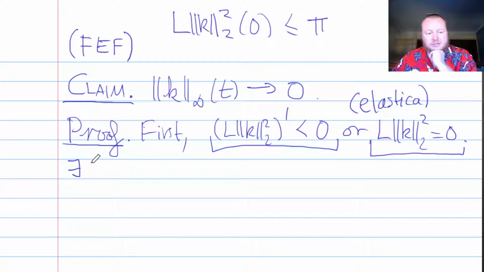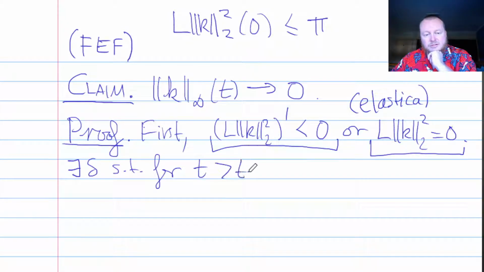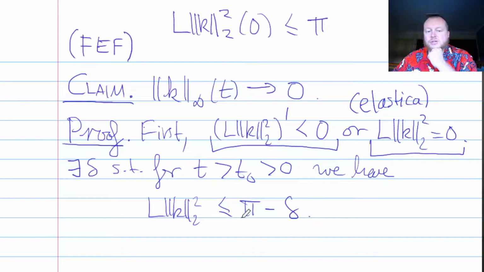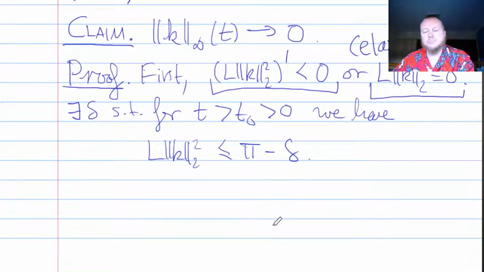It means that there is a delta such that for t bigger than t0, which is bigger than 0, we have L times K in L2 squared smaller than or equal to pi minus delta. So there's a slight improvement.